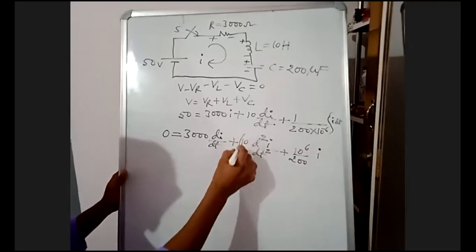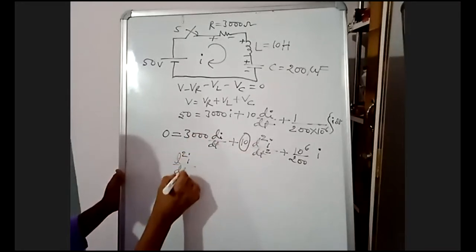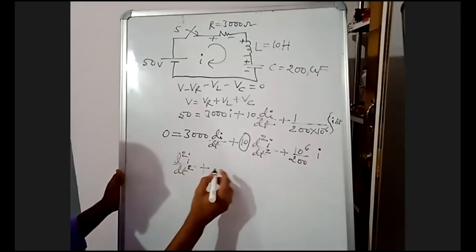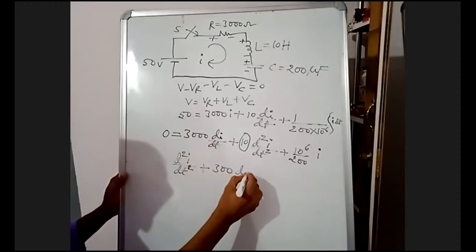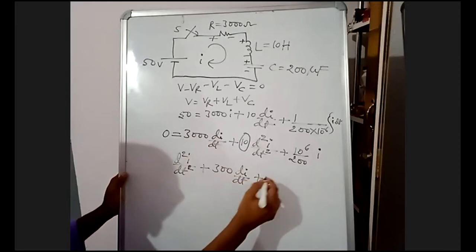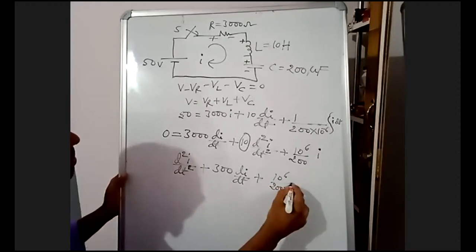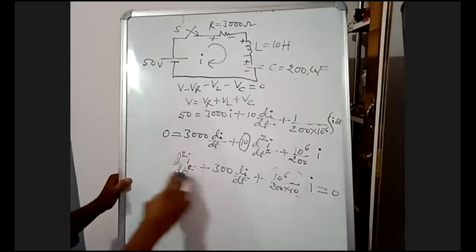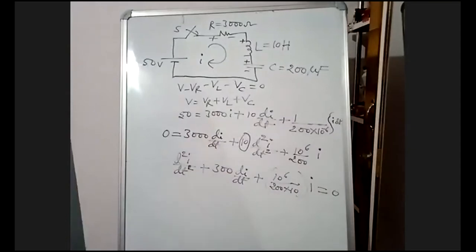Make the coefficient of d square I by dt square 1. 3000 by 10 is 300. What is the value of 10 power 6 by 200 into 10 into I is equal to 0. We are dividing the entire equation by 10 because we have to make the d square I by dt square coefficient 1.